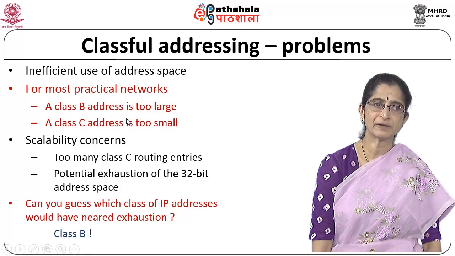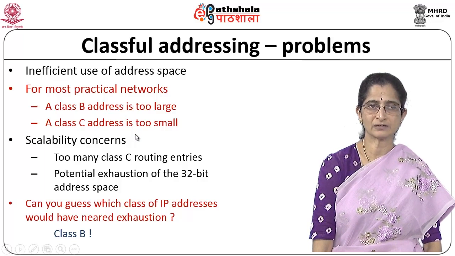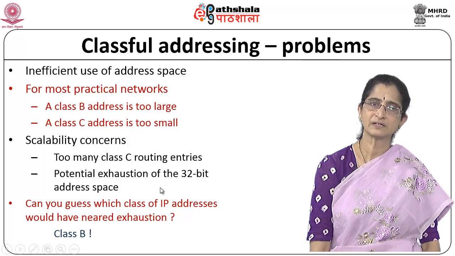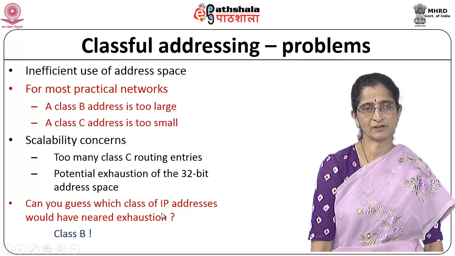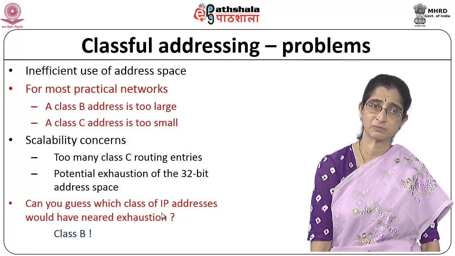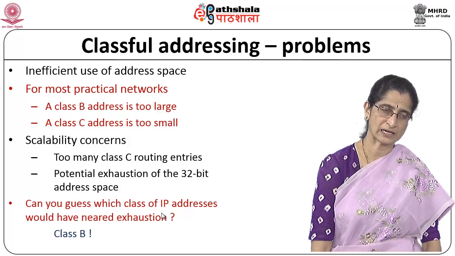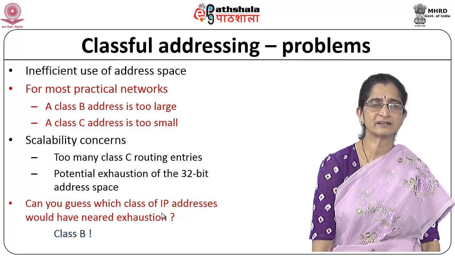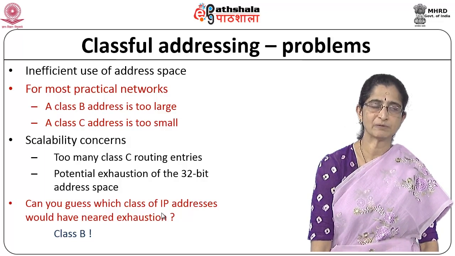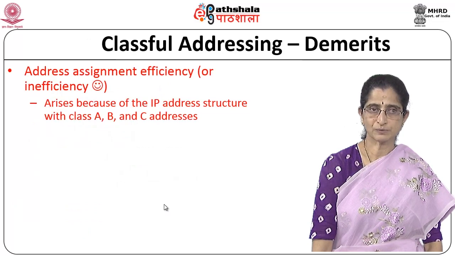Most people will pick only a class B address, again and again, and therefore we come to the problem of exhaustion of all the available class B addresses. Remember, we have only 2 power 16 different class B addresses, so they get exhausted quite quickly. This is a problem the internet has run into over the years, and solutions have been proposed for it. That is what we need to look at.